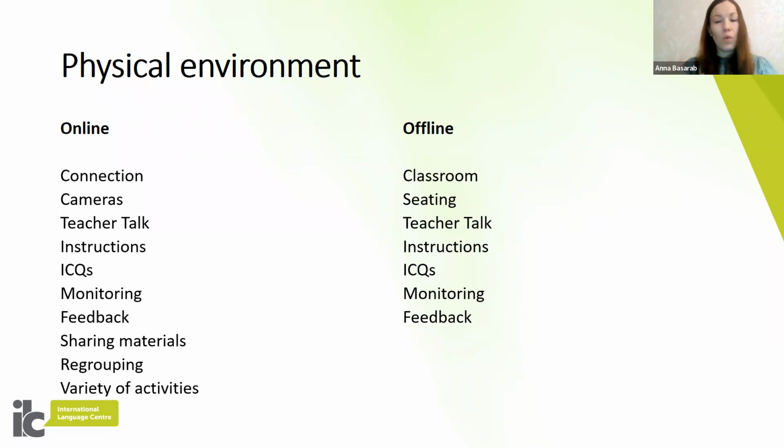Feedback. With students receiving feedback, with offline, they can see you and they can see other students. They can actually hear what's said because they're only there. There are no extra noises. They're more focused.